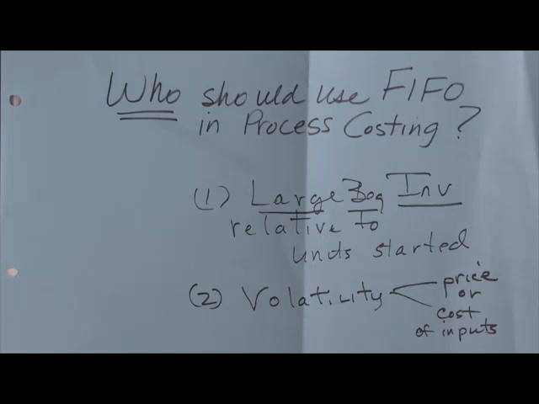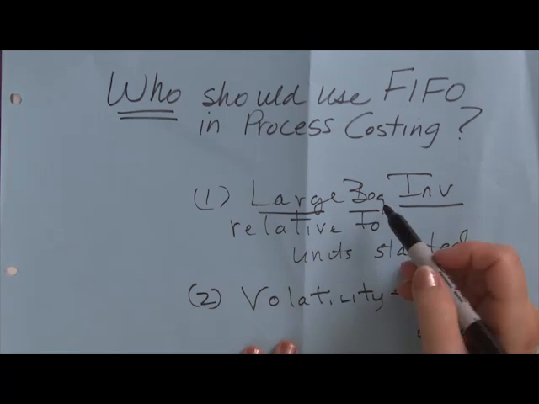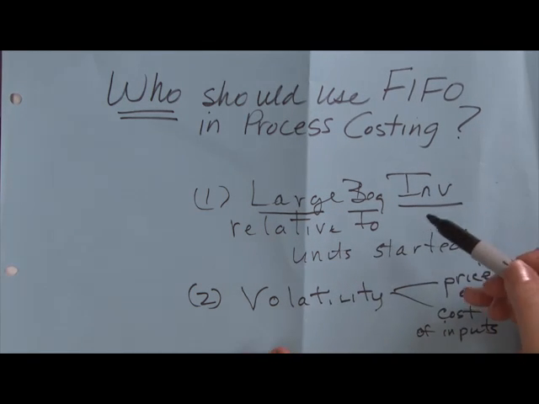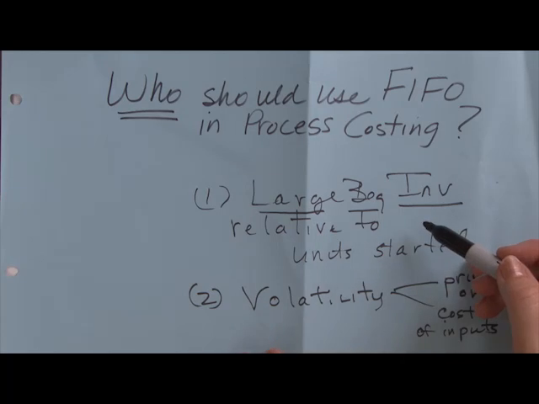Because remember, the big difference between weighted average and FIFO is how we treat beginning inventory. So if this is a real large amount, it's going to be important that we use FIFO.